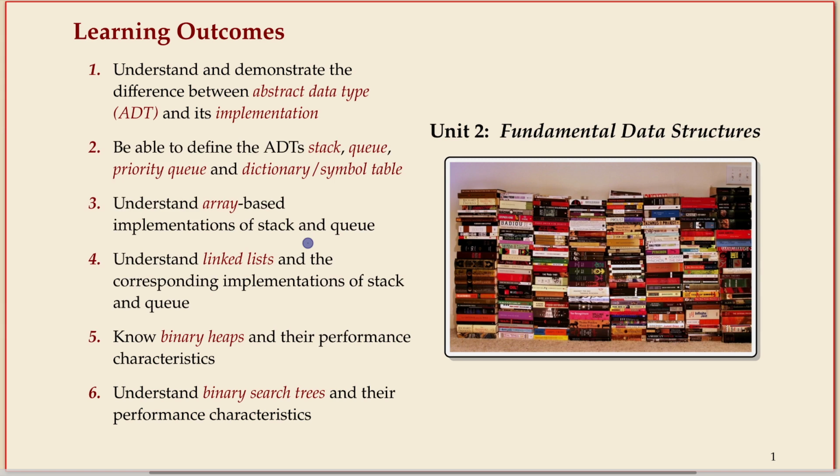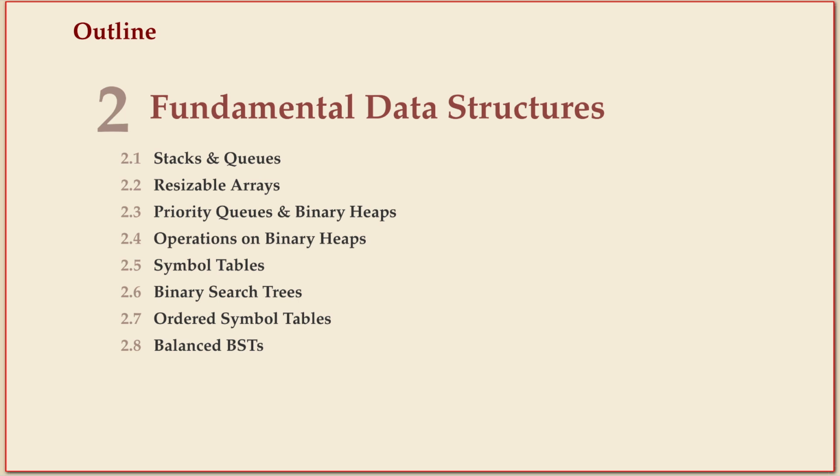We'll go through those, so no need to discuss them in detail now. These are basically the upcoming sections. We'll start with very basic data structures, stacks and queues, and then basically look at two others, binary heaps and binary search trees.